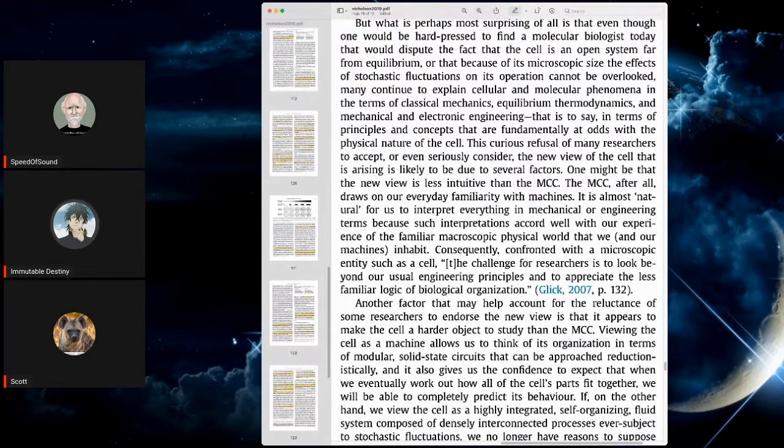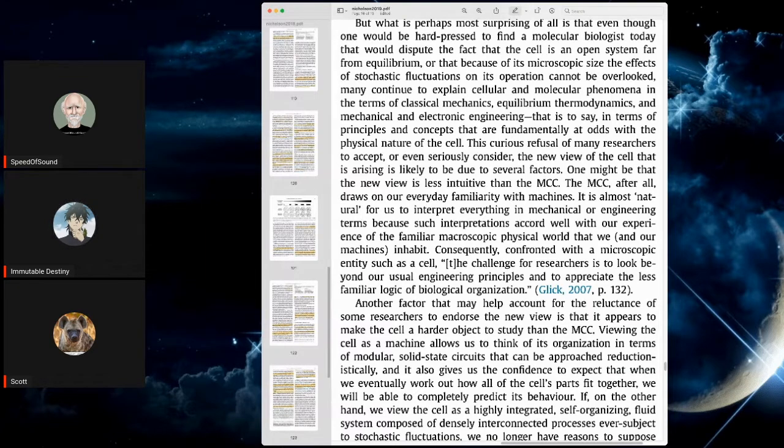But what is perhaps the most surprising of all is that even though one would be hard-pressed to find a molecular biologist today who would dispute the fact that a cell is an open system far from equilibrium, or that because of its microscopic size, the effects of stochastic fluctuations on its operation cannot be overlooked, many continue to explain cellular and molecular phenomena in terms of classical mechanics, equilibrium thermodynamics, and mechanical and electronic engineering.